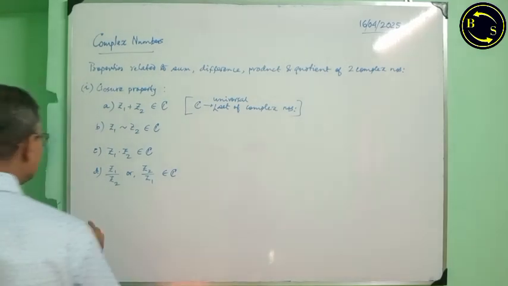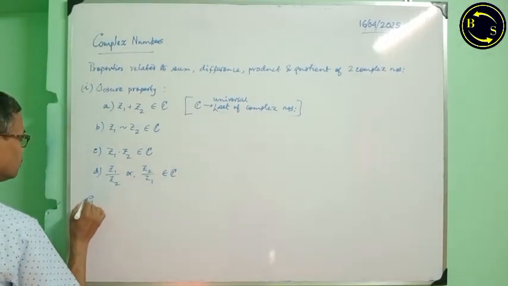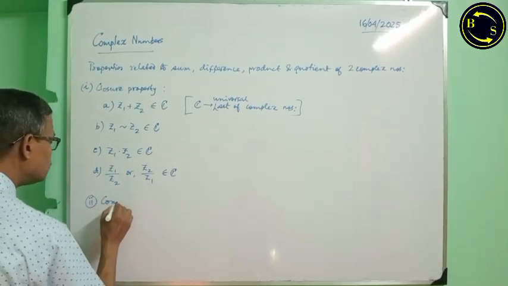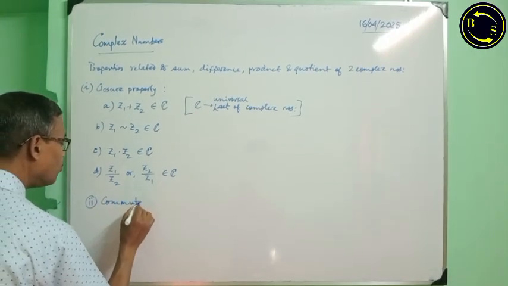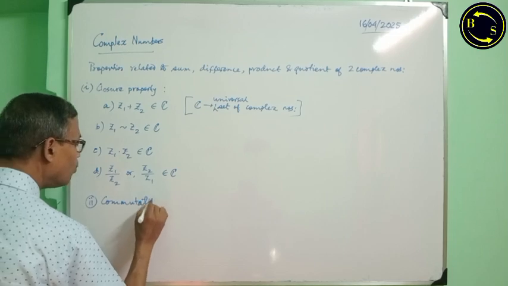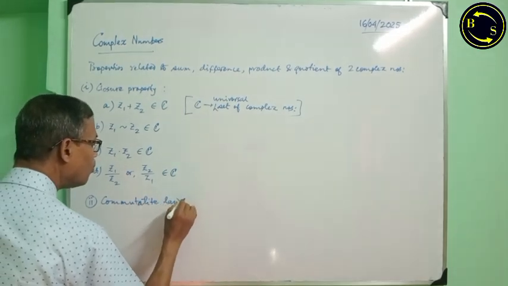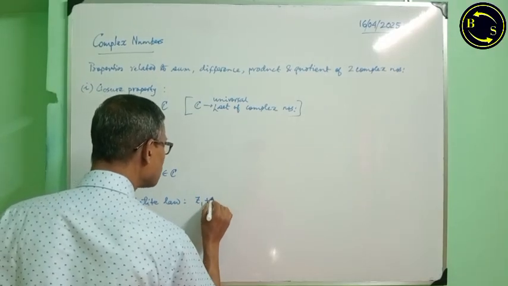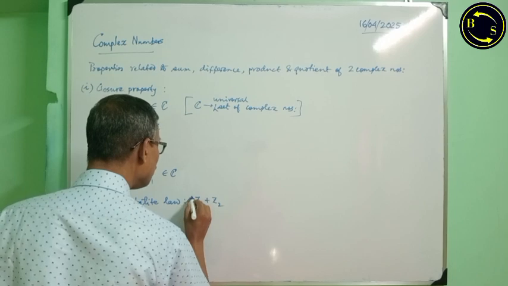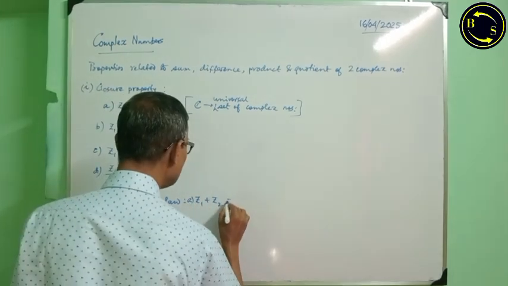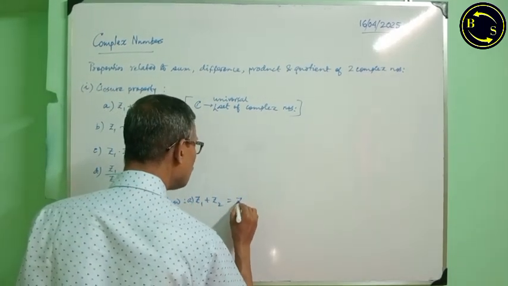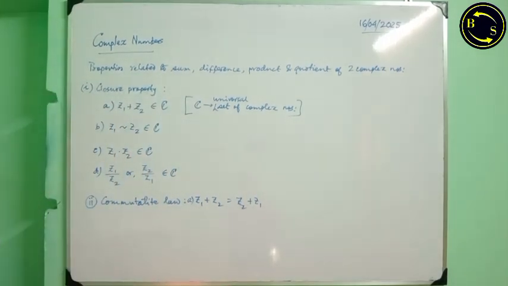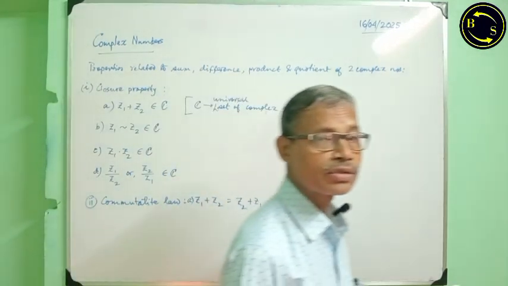Then commutative law. Means Z1 plus Z2, sum of two complex number will be equal to Z2 plus Z1.